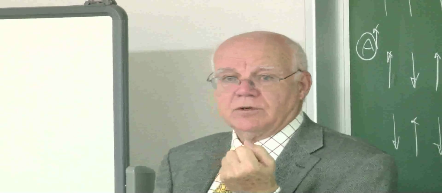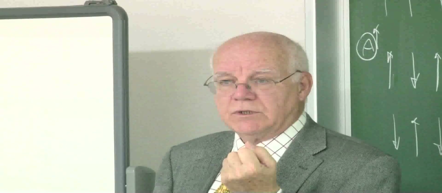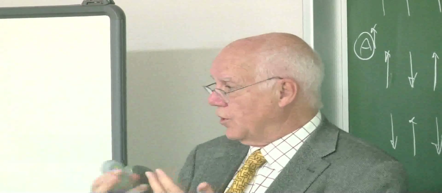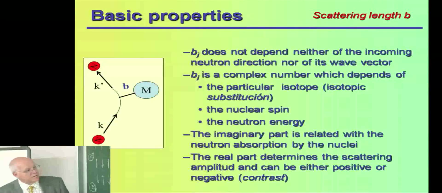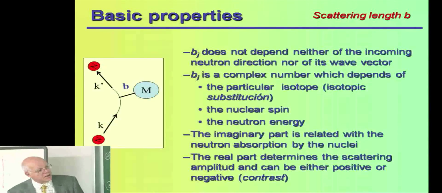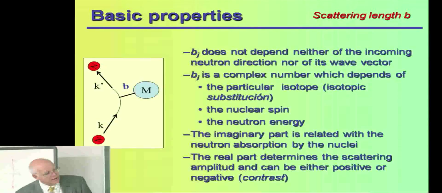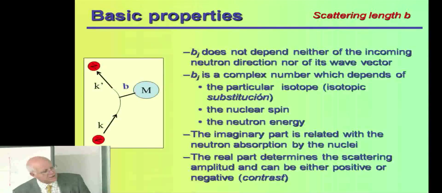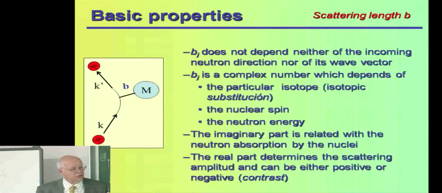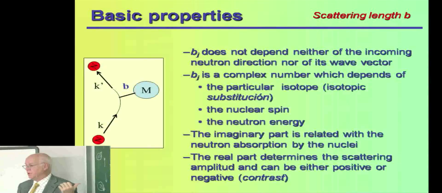They capture the neutron, so that changes our average. That creates a part in the B expression that is imaginary. The real part determines the scattering amplitude and can be either positive or negative. We can use this feature in biology; it is very much used.